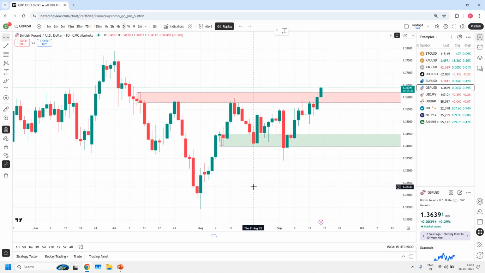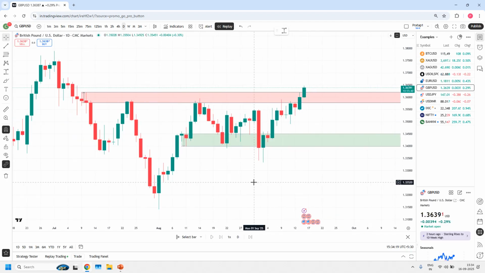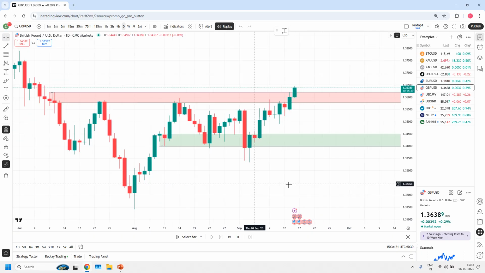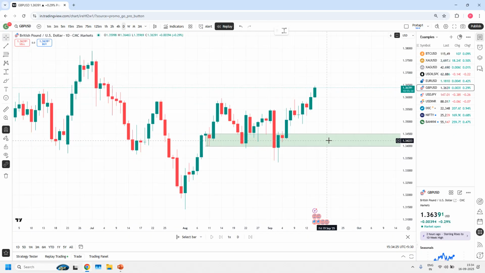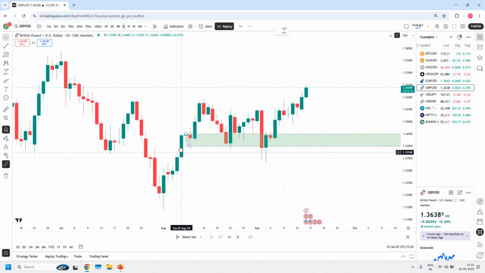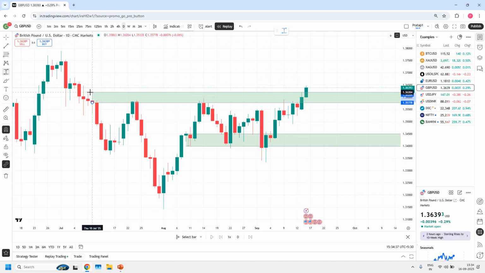And this is the pound and US dollar. Let me draw a zone. Here you have a rally, base, rally, follow through candles. But is it having any zone achievement? No. See, here we have a supply zone.